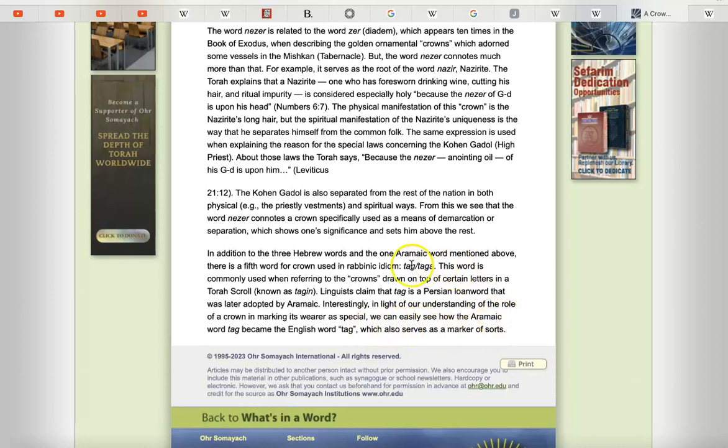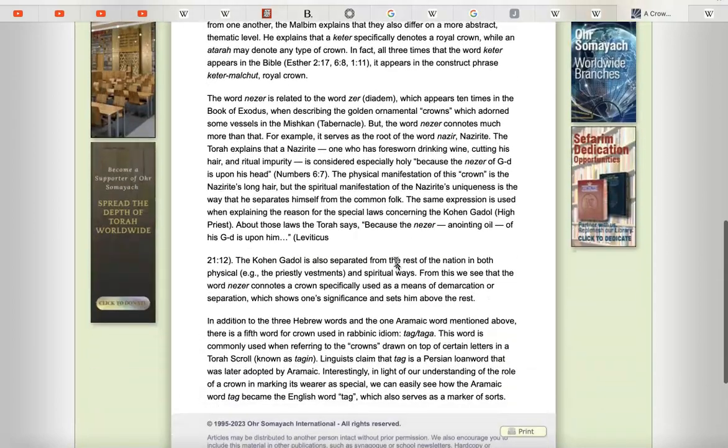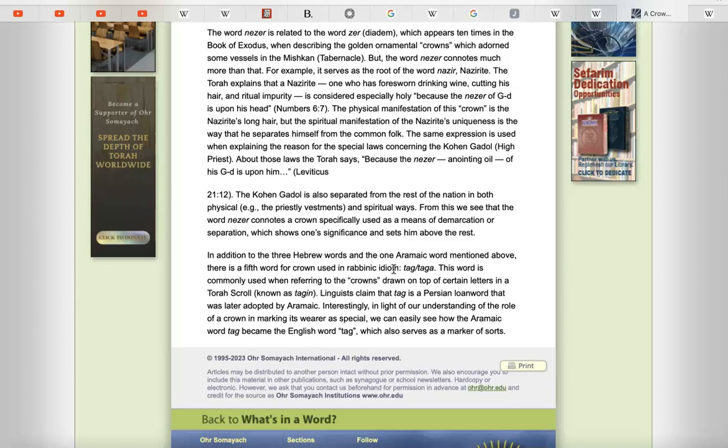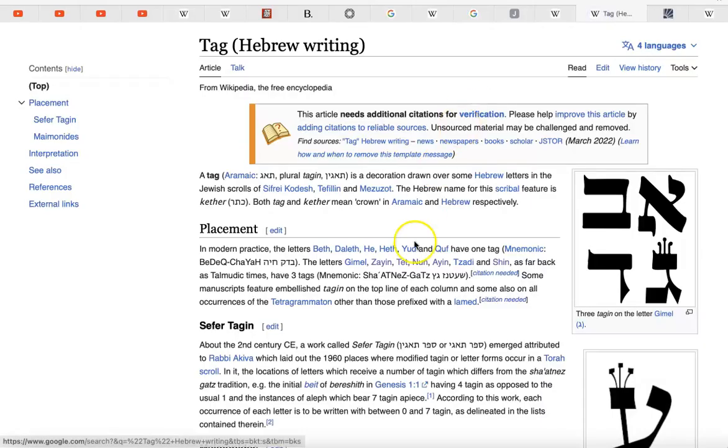Okay, so this article and the author of this article makes the connection. He did it for me. The connection between the word tag or tagging and the word crown. Okay, so the 7 letters of the Hebrew alphabet that have 3 tags on them.